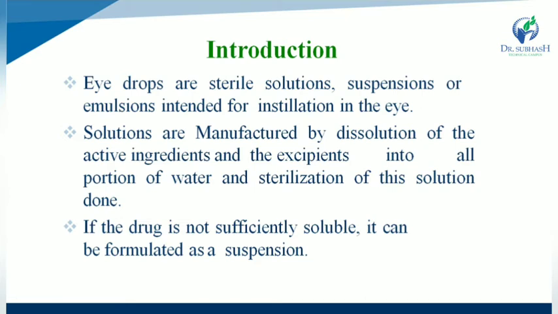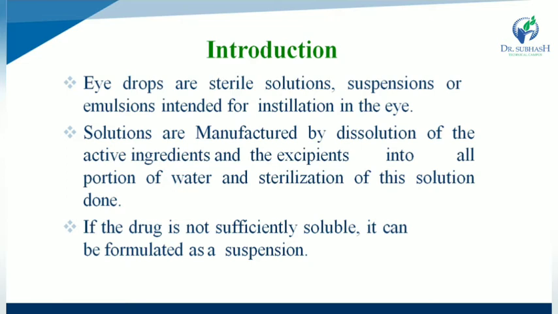Solutions are manufactured by dissolution of API and excipients in a portion of water and sterilization of this solution. So for eye drops, first of all you have to prepare a solution, manufactured by dissolving the API, the active drug ingredient, as well as excipients in the water, and this solution is sterilized, and after that it acts as an eye drop.